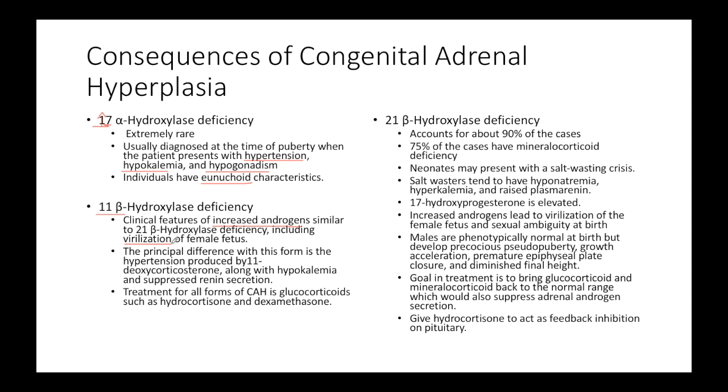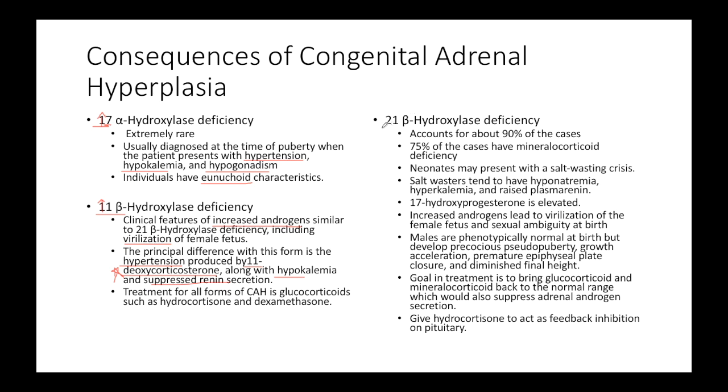And you will have hypertension, again remember the first number being a 1, due to that 11-deoxycorticosterone, our special guy here, along with hypokalemia because of that hypertension and suppressed renin secretion. I'll come back to that in a little bit.